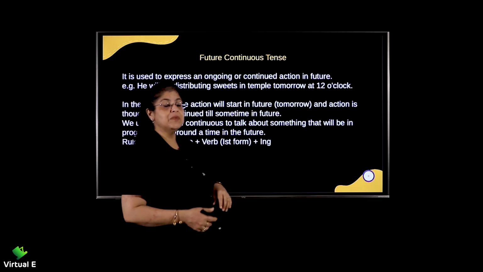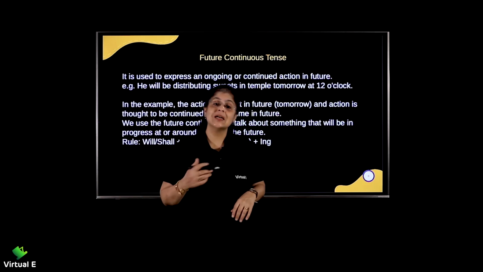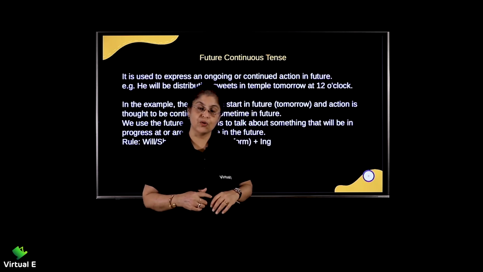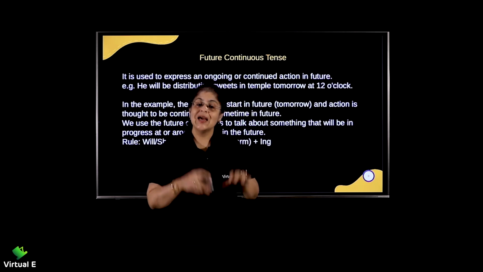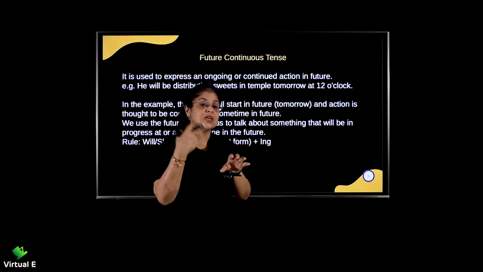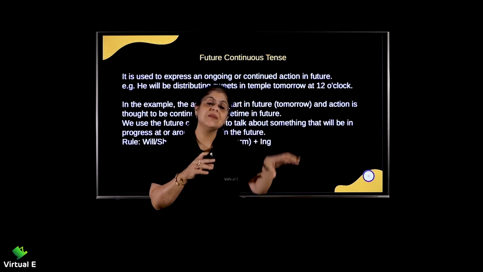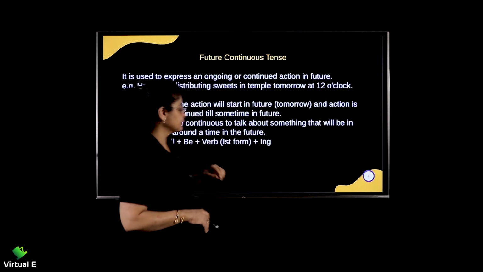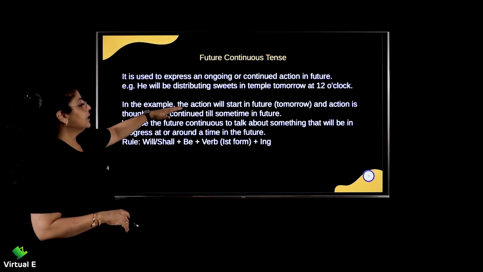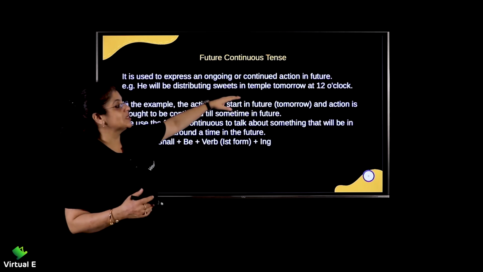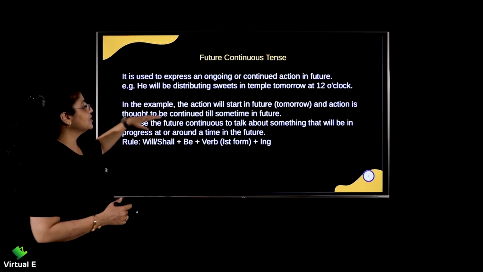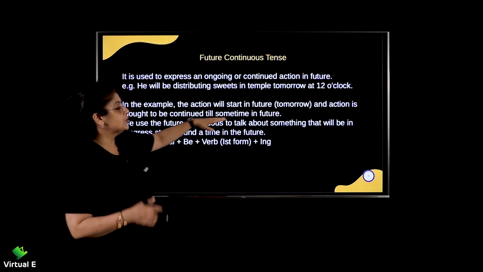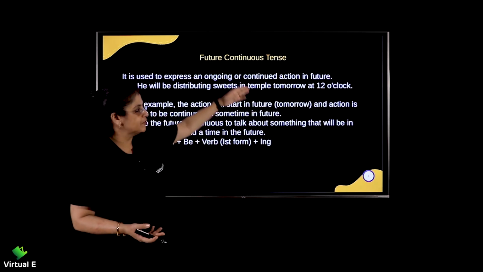I give you another example. When you shall come to my house tomorrow, I shall be watching a movie, right? At that particular time, when you come to my house, I will be doing a certain action. So, in the example, the action will start in the future, that's tomorrow, it's already mentioned, and the action is thought to be continued till some time in the future.